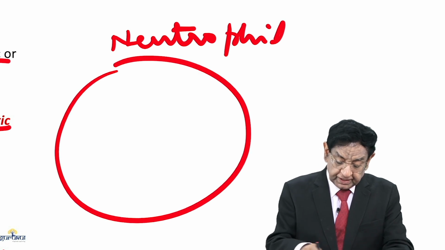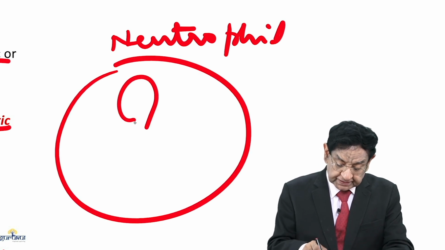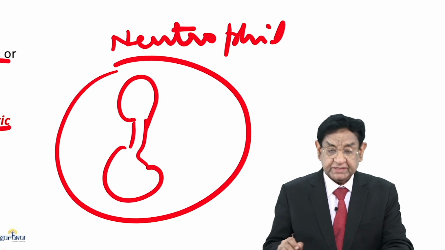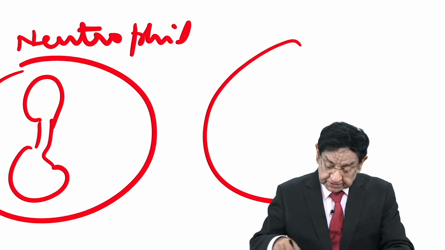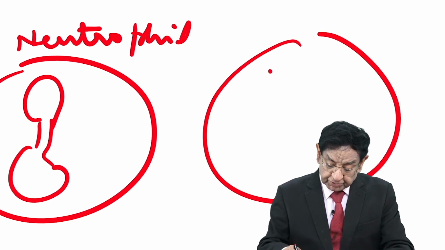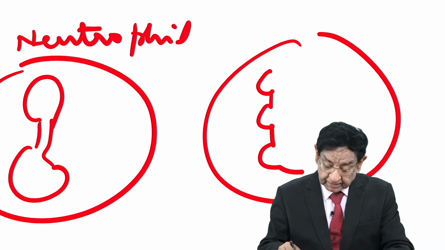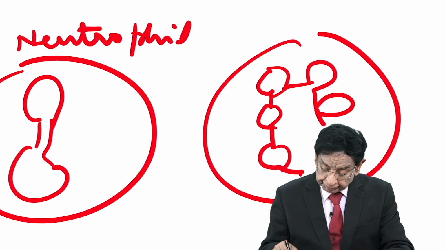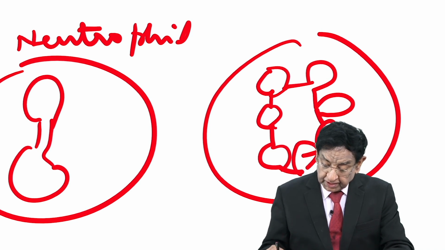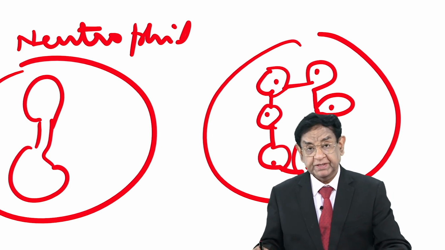Let's say this is the neutrophil, and now you can see the lobes in the neutrophil. In this, we are getting 2 lobes. And now look into this. How many lobes in the nucleus are we getting? 1, 2, 3, 4, 5, 6, 7, 8.